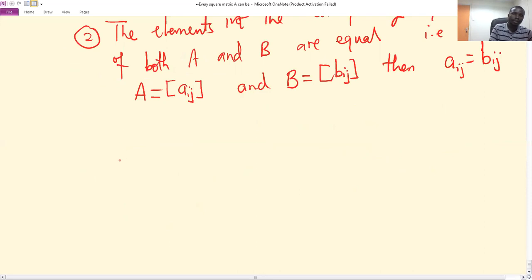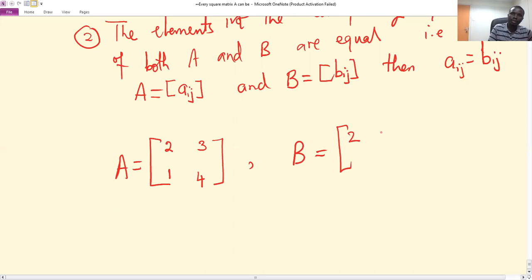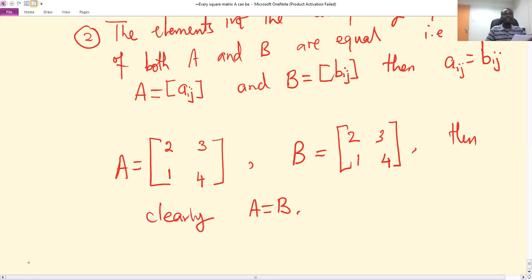For example, if I have a matrix A given by 2, 3, 1, 4, and a matrix B given by 2, 3, 1, 4, then A equals B, because they have the same size and corresponding elements are equal.